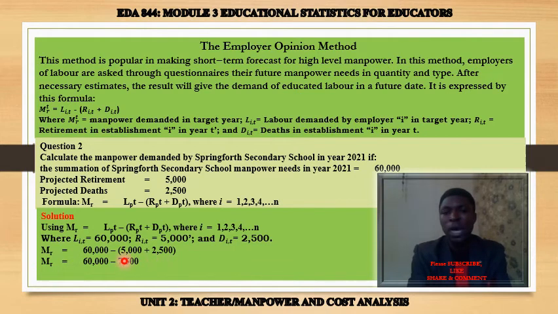Remember, you have to add the expression in the bracket first, following the rule of BODMAS. The items in the bracket have to be summed first, then we can subtract it from what we have outside the bracket, which is 60,000 minus 7,500, and we are going to have 52,500.